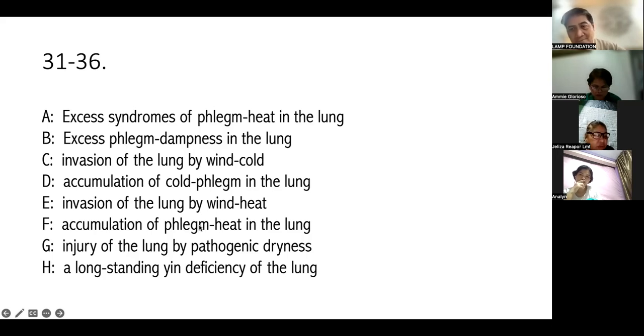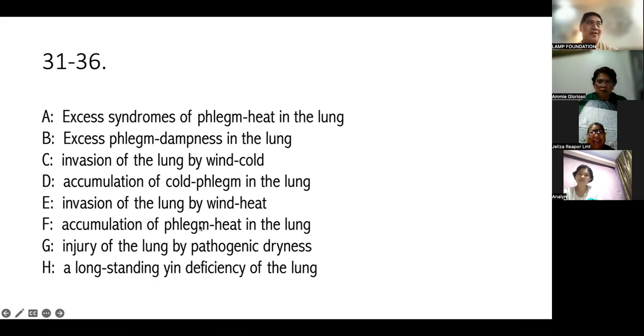Dok, may coating na po siya pag meron siyang long-standing na yin deficiency. Sinabi mong long-standing na yin deficiency ng lung, do you expect to see a coating sa lung area? Where is the lung area sa tongue? Sa gilid, Dok. Sa lungs, doon sa gitna.